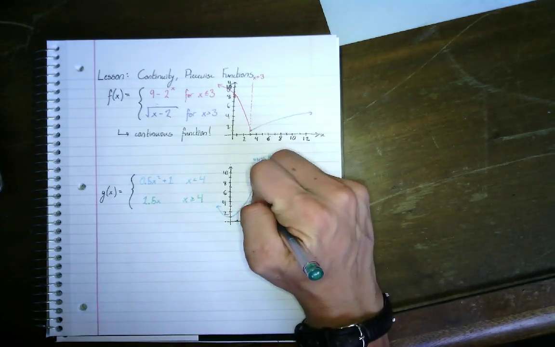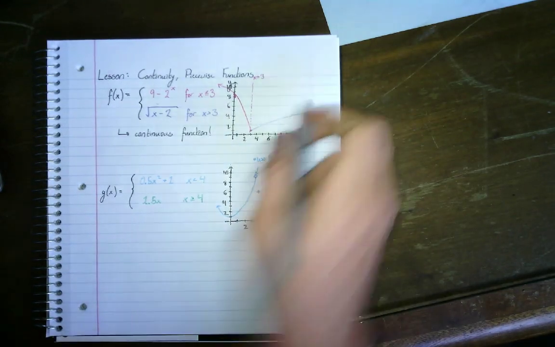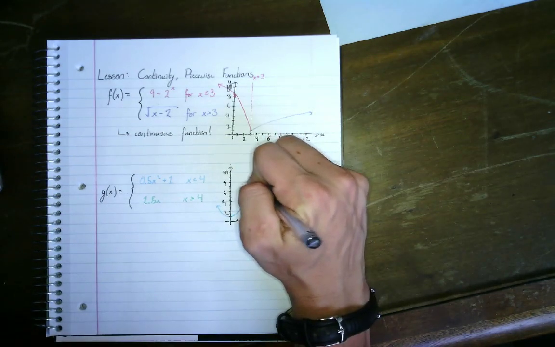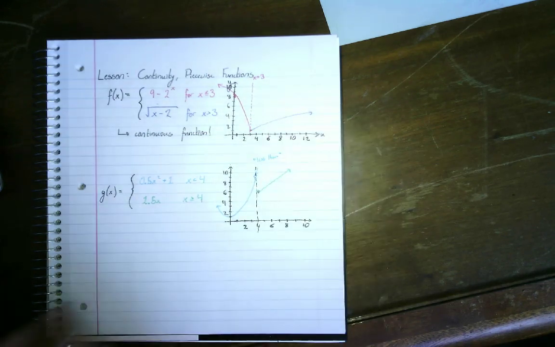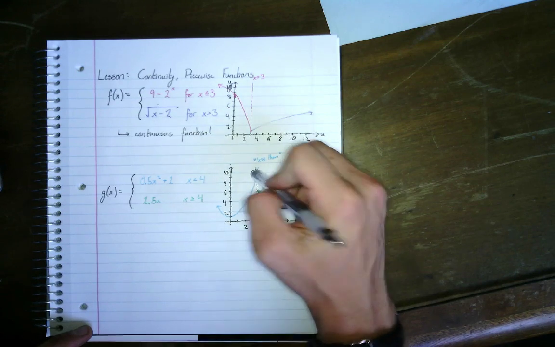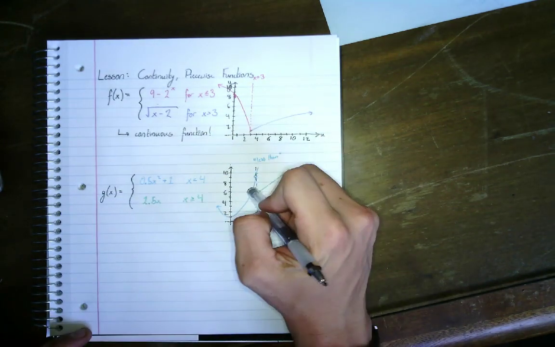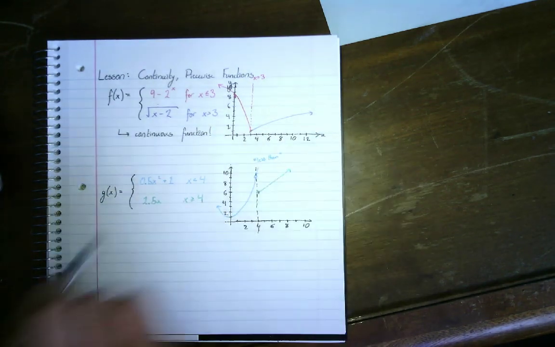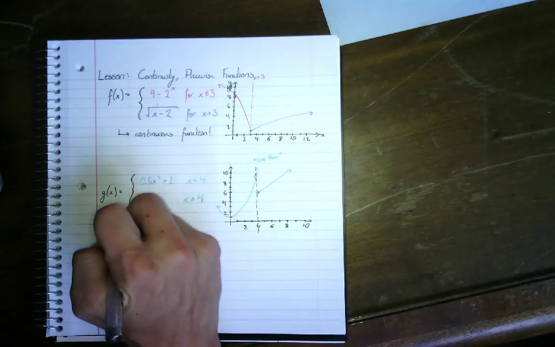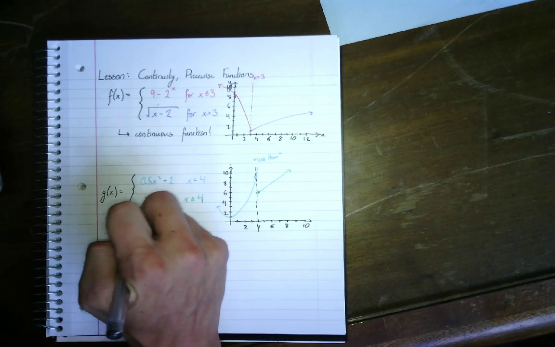And then it's just going to increase like so forever. I didn't do too great of a job of showing that vertical line, but notice how when I trace this, I have to take my pen off, jump back down to the 6 to continue on. So in this case, we are going to have a discontinuous function.